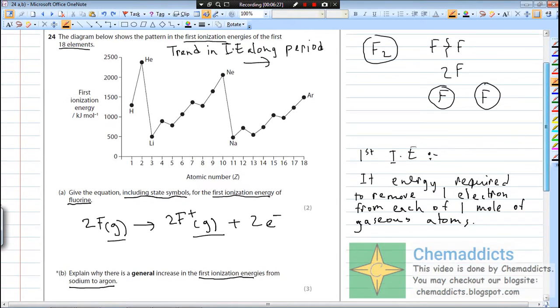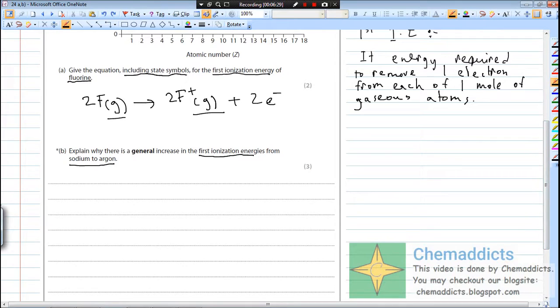If we move along the period, let's see what happens.